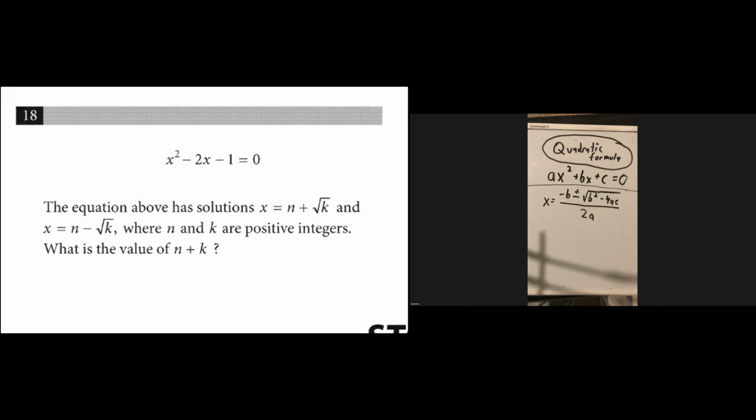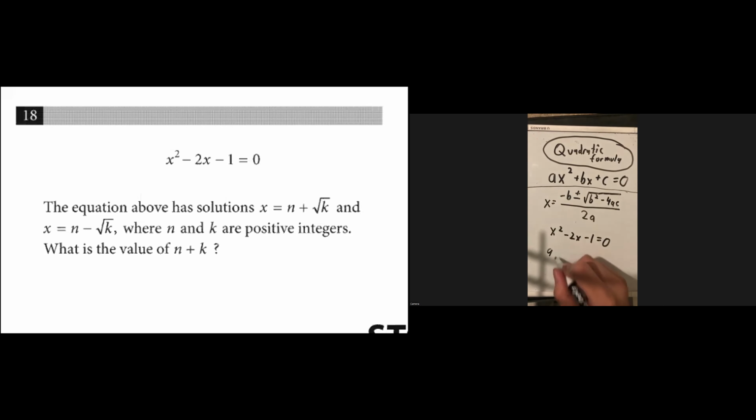For this one, we're given the equation x squared minus 2x minus 1 equals 0. So we know that a is equal to 1, because there's basically a 1x squared, which is the same thing as x squared. We know that b is equal to negative 2, and then c is equal to negative 1.